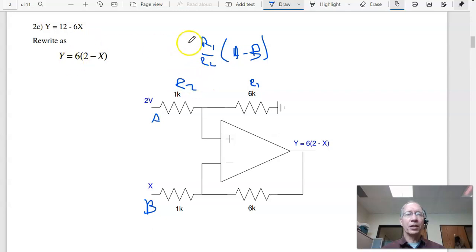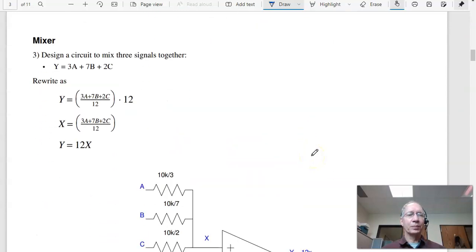So matching terms, R1 over R2 is 6, pick this to be 6 to 1. A is 2 volts, and B is X, so there's my input. This gives you 6 times (2 minus X), or 12 minus 6X. That's problem 2.